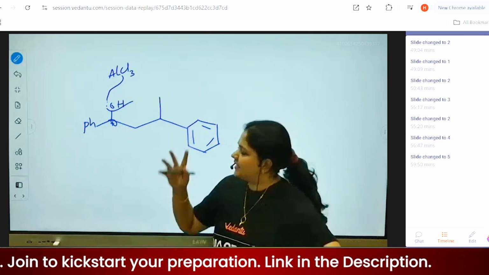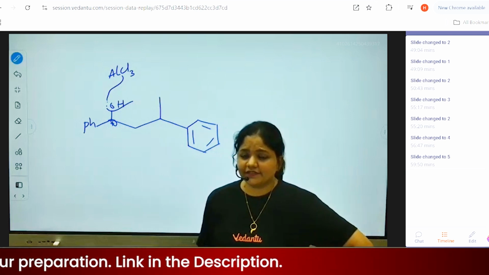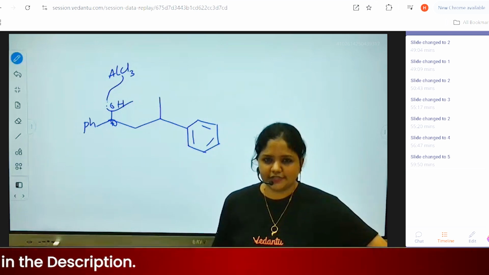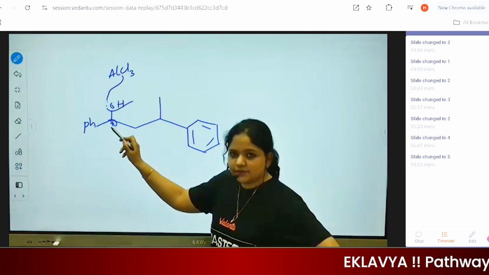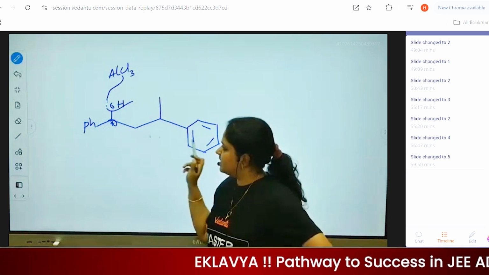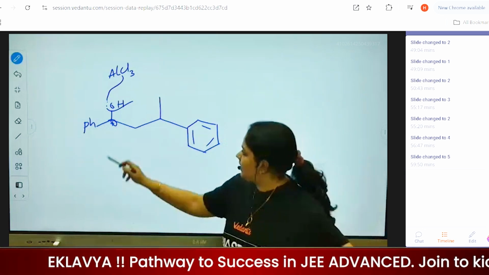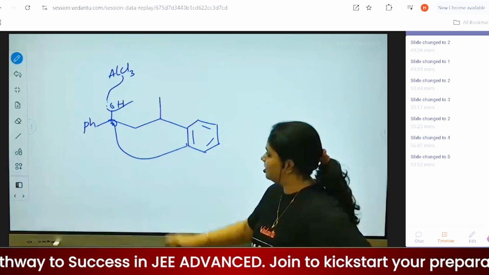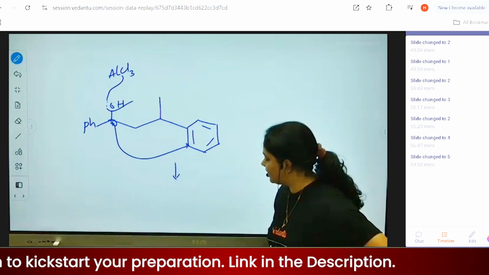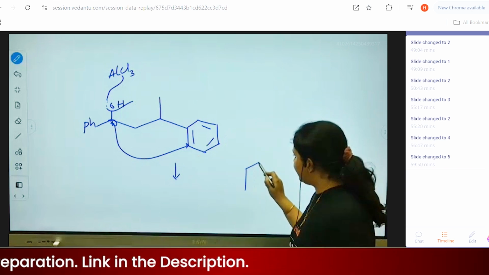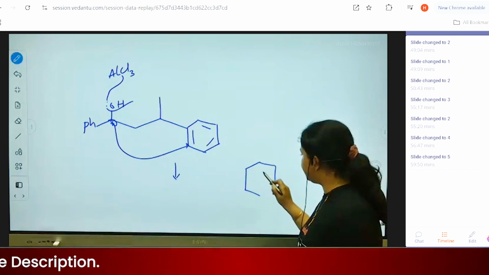So whenever there is AlCl3, Friedel-Crafts alkylation, right, or acylation. Here it is alkylation. So this positive charge, this is one benzene ring, this is one benzene ring, will come and attach here. And the corresponding product will be formed. What is the product? Let's write it down. One benzene ring is there.